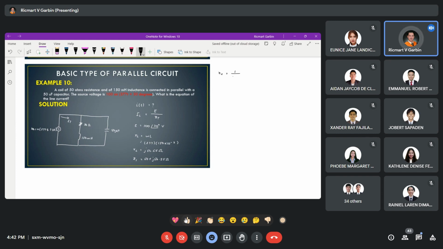So this is 1 over omega C, which is 1 over 377 multiplied by 50 times 10 to the negative 6, which is equivalent to negative j 53.0504 ohms. Yan. So therefore, ito na yung ating second impedance kasi wala naman siyang kasamang resistance.